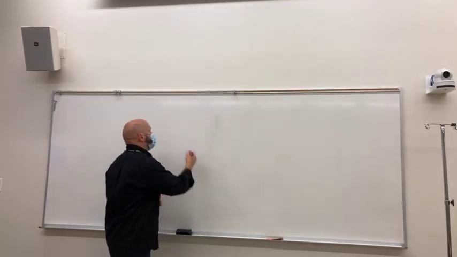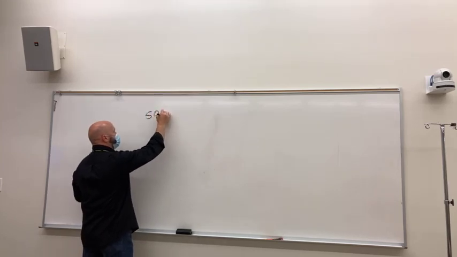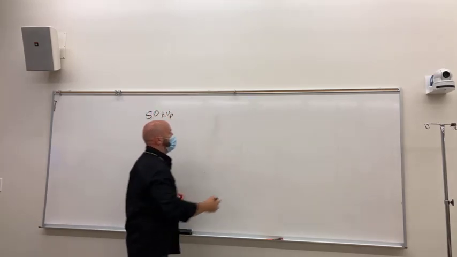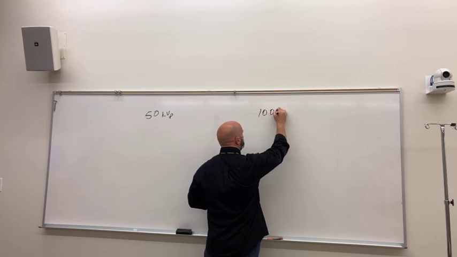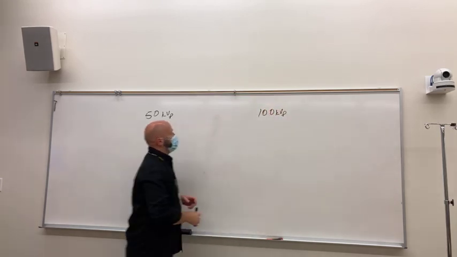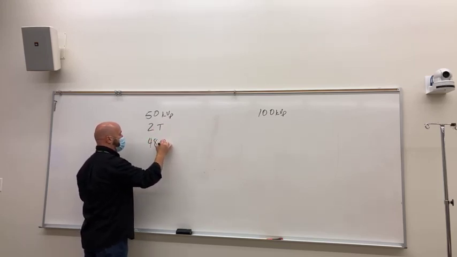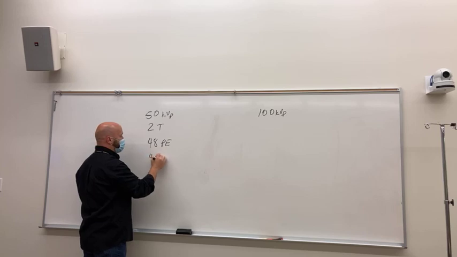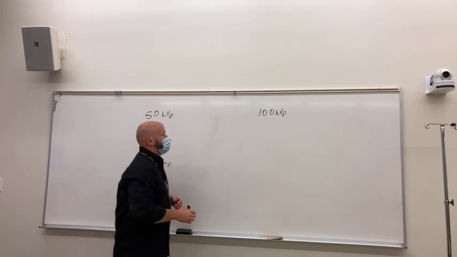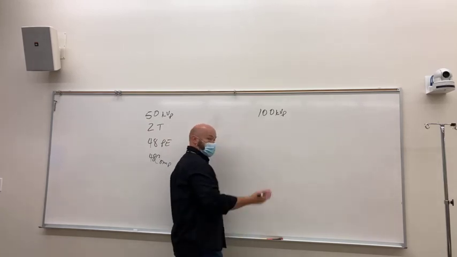All right. So we've got two X-ray beams, one at 50 kVp and one at 100 kVp. At 50 kVp, we said we had two transmission, and that gave us 48 photoelectrics and 48 Comptons, right? So when we increase kVp, we increase penetration.